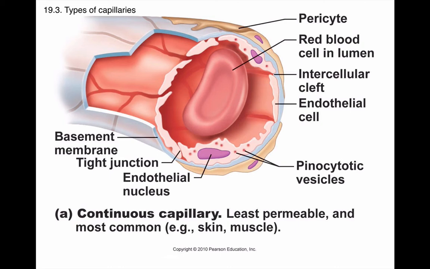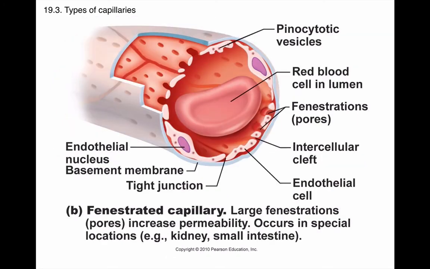And this is for allowing basically little small sips of the plasma to get drawn through the endothelial cell, to be able to go through the pericytes in order to get to the interstitial fluid.